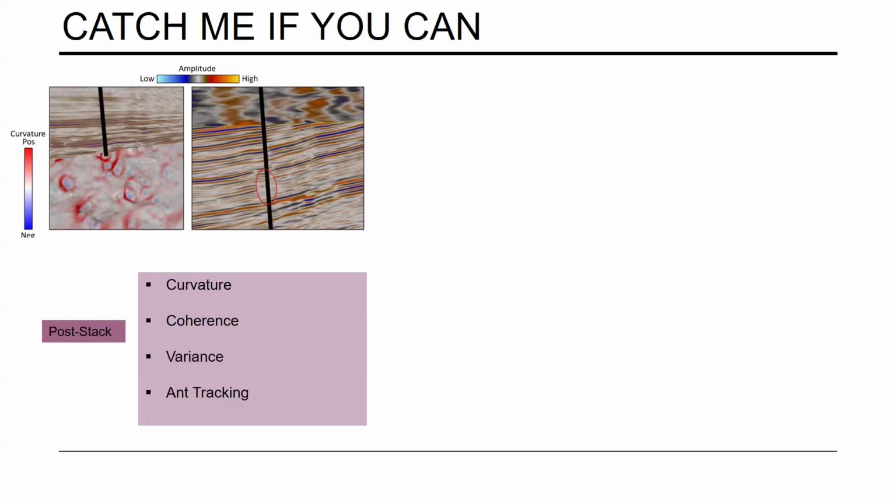So what are we trying to imply? What you are actually looking at is that this particular well has been drilled through a sinkhole, where the red shows the mouth or the top of the sinkhole, which has a positive curvature, whereas the blue is inside the sinkhole, which shows a negative curvature.